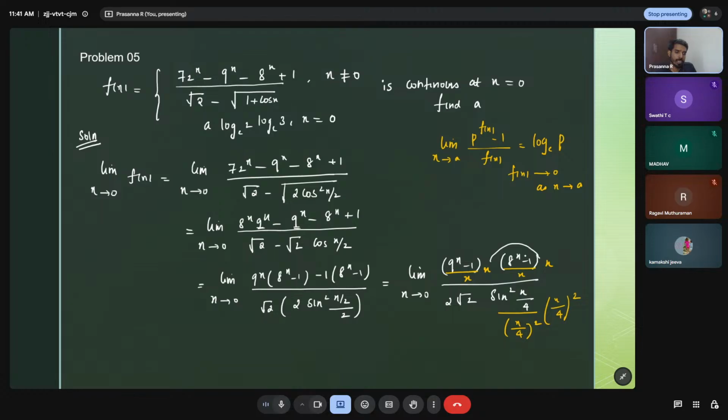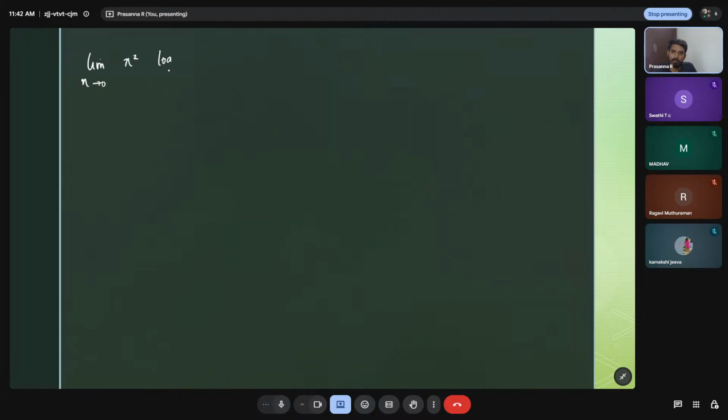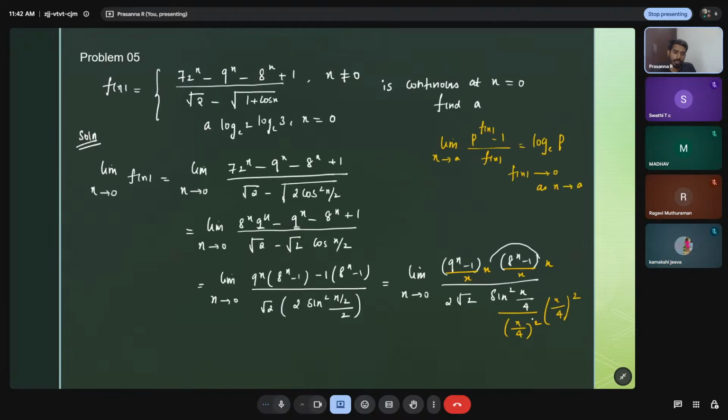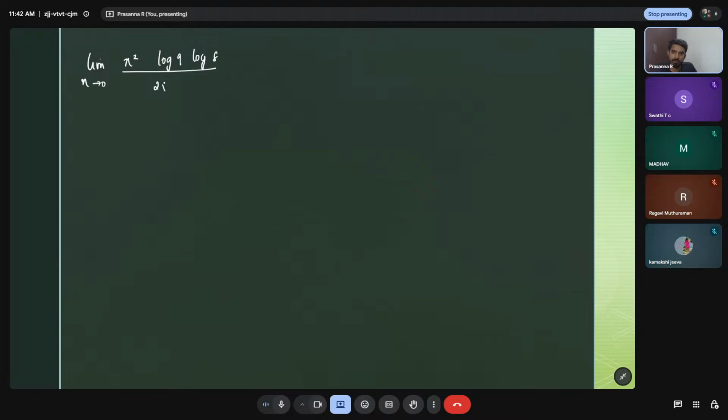This is log 9, this is log 8. So log 9 log 8 divided by, and this will become 1, so 2 root 2 x square by 16. The x square will get cancelled, so all the x are vanished. So my limit will be 16 by 2 root 2 log e 9 log e 8. If there is no base, it is e. This is your required limit.